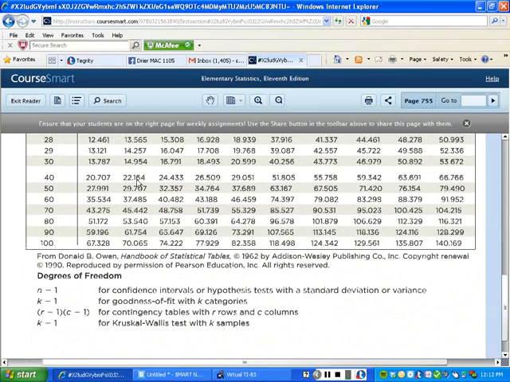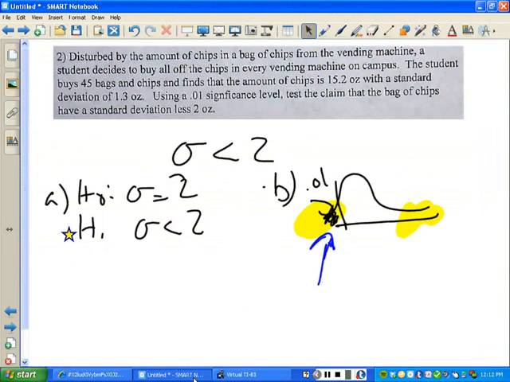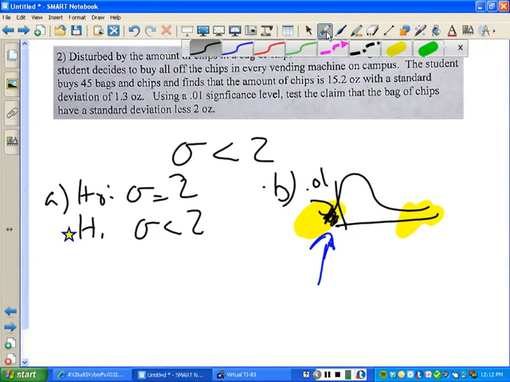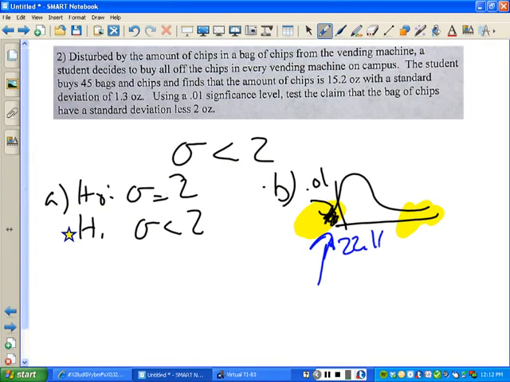Can we agree on that? So you don't need a right side? Not in this case. 22.164? Okay. So we just found our critical value, yes.